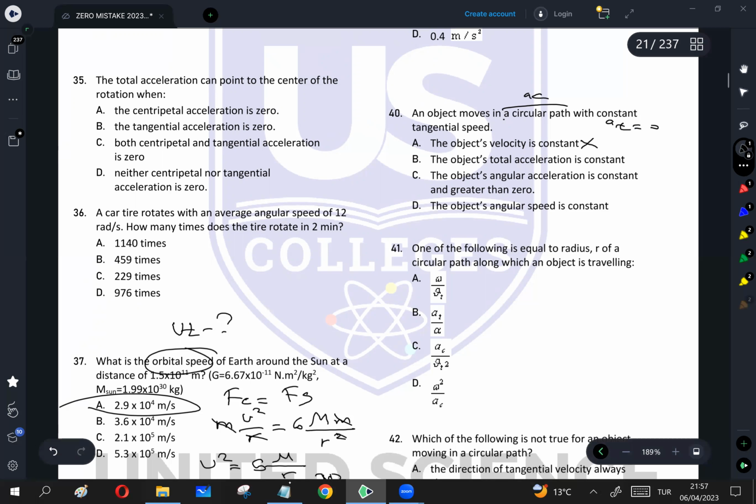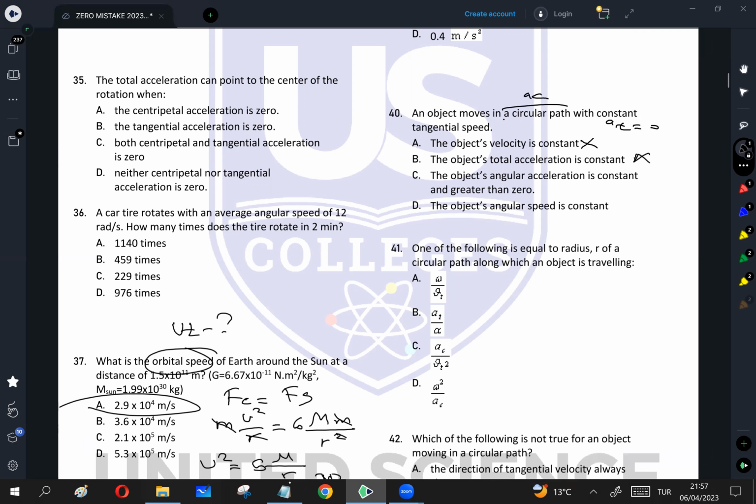On a circular motion, constant velocity cannot be true. Is the object's total acceleration constant? This could be possible in magnitude, but here it is not constant. Just saying constant is not correct because a_c exists, but its direction is continuously changing, sometimes to the left, sometimes to the right, sometimes up, sometimes down. That's why this is also not correct.